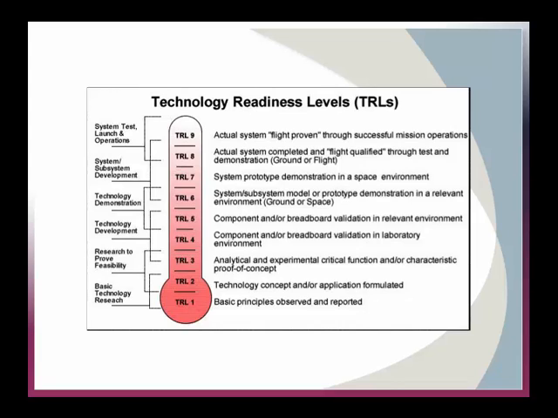So this loosely connects to funding levels, not exactly, so don't take it literally, but 6.1 research is basic research. It's down at the TRL1, TRL2 level. Then you get to applied research where you're proving the feasibility of an idea. You're at TRL2, 3, maybe 4. Then you're going to develop technologies. Then you're going to demonstrate them. You're going into development, so you get the idea. So you're tracking things along the way.